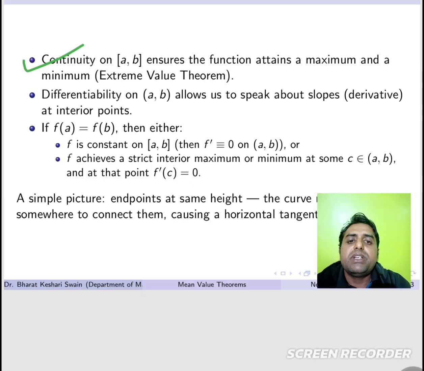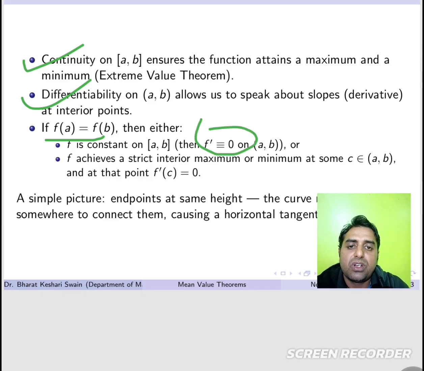Then differentiability on (a, b) allows us to speak about slopes at interior points. And if f(a) equals f(b), then either f is constant or f is not constant. If it is constant, then f' equals 0. Or if not constant, it achieves a strict interior maximum or minimum at some c. So at that point, your f' is equal to 0.